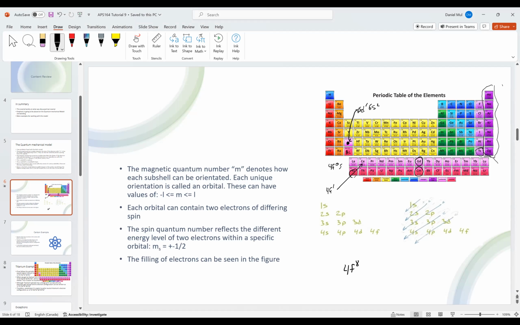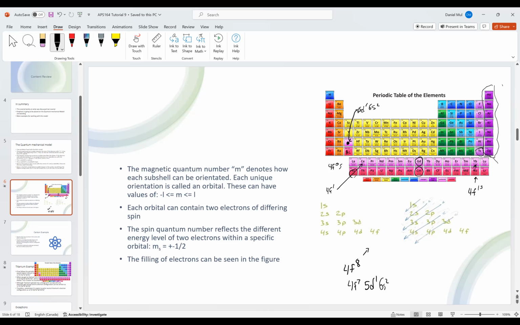You would think there'd be 4f8, but since 8 is not halfway, it's going to promote one to its 5d. So you'd get 4f7 5d1 6s2. And it's the same with this one here, and with these last two. So you have 4f13, and that's fine.